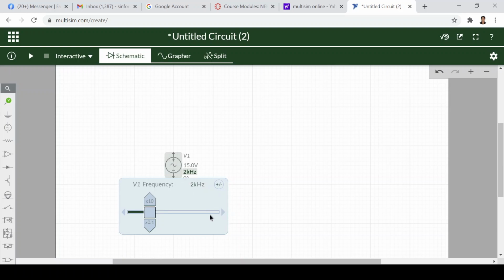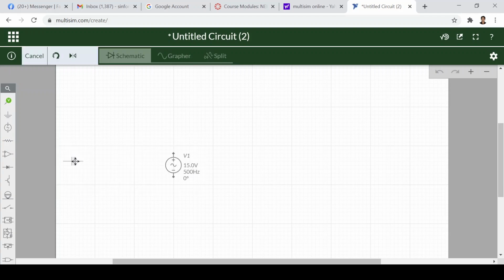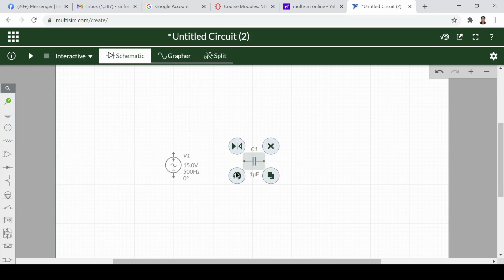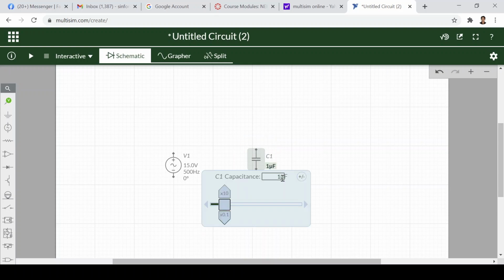For trial one, we shall set the frequency to 500 hertz, with a load of pure C. For this run, we shall set the capacitance to 50 microfarad.